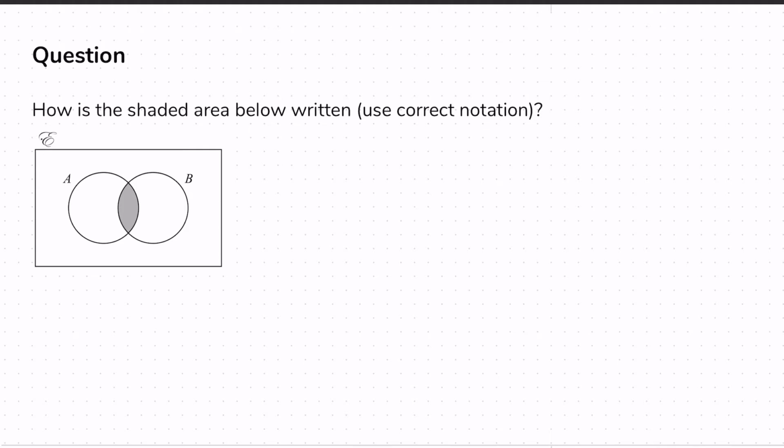Well, there are three important bits of notation that we need to pay attention to. Let's have a look at this. This thing that looks like a big N, or a hill, that's intersection, so it's where they cross over.